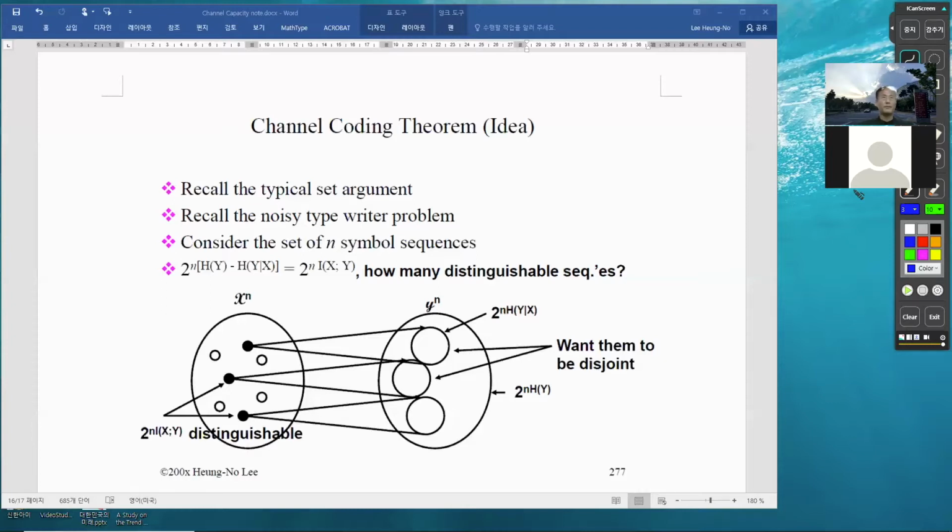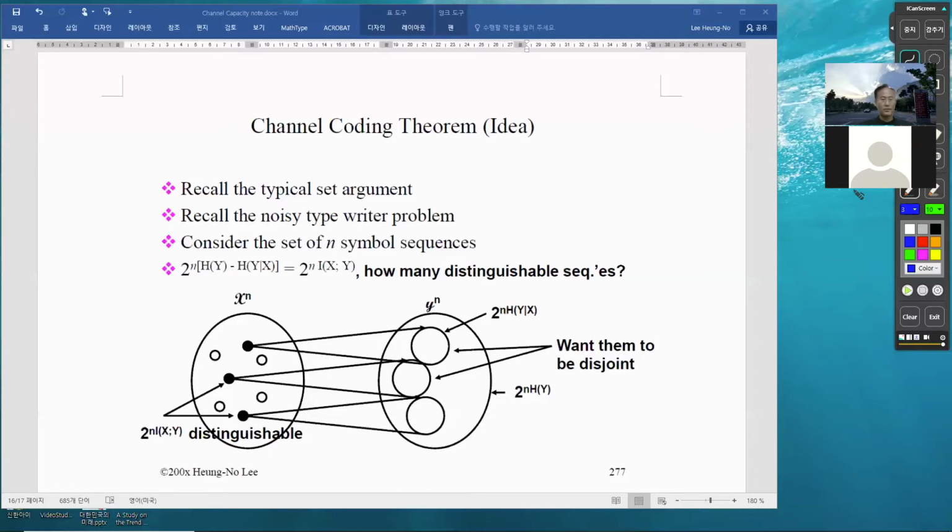For example, convergence in probability, using the typical sets, and convergence occurs when you increase the size of the dimension. All these ideas put together, we can do the proof of the channel coding theorem. So we will do that in the next lecture.